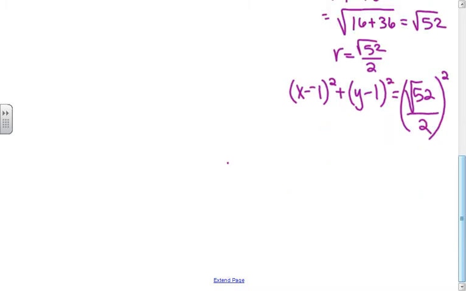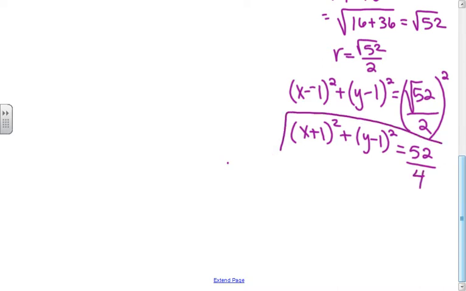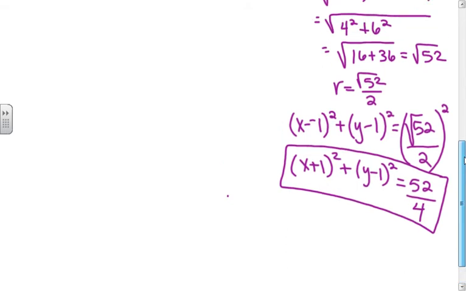If we clean it up, x plus 1, the quantity squared, plus y minus 1, quantity squared. If I square top and bottom, the square root of something squared is just the 52, and 2 squared is 4. And so that is the equation that goes with that diameter.